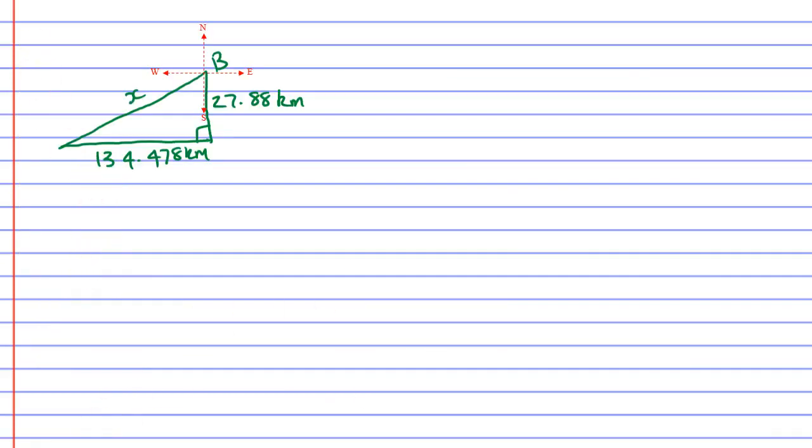Let's focus on the easier part of the question. We're going to find X. This is actually part B that we're finding, the distance that the helicopter needs to travel. And this is easier because it's just Pythagoras Theorem. X squared equals 134.478 squared plus 27.88 squared. Now I've already worked this out on a calculator and it came up with 18,861.62688.